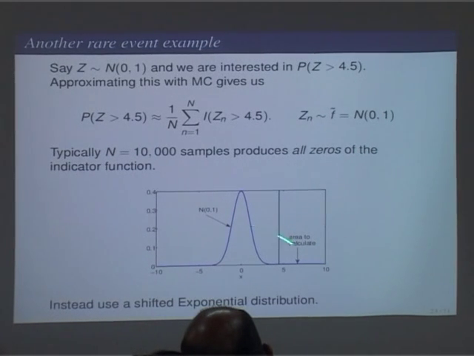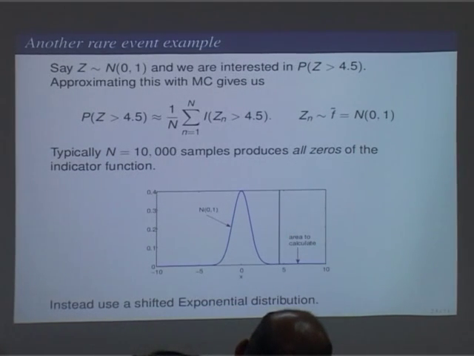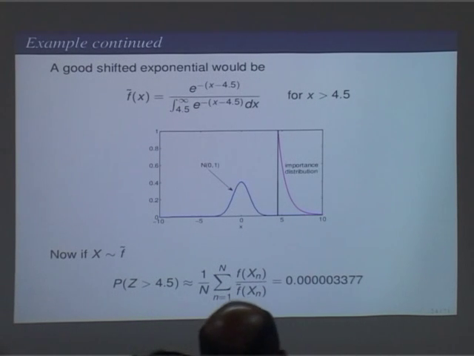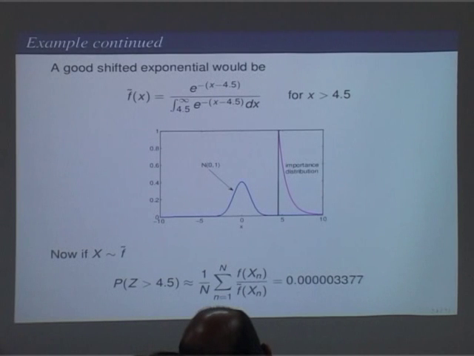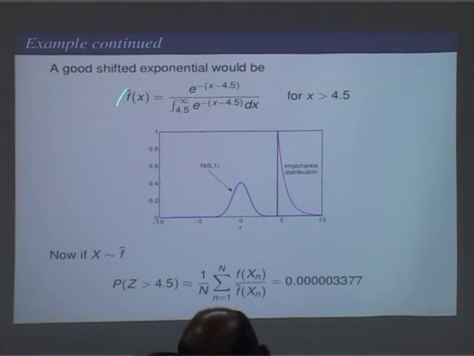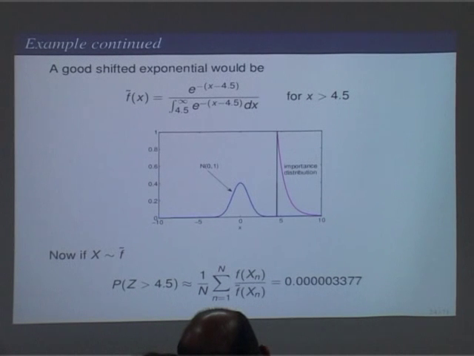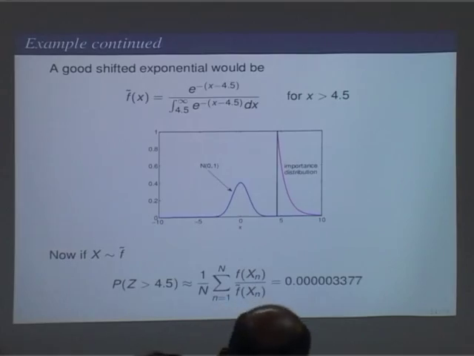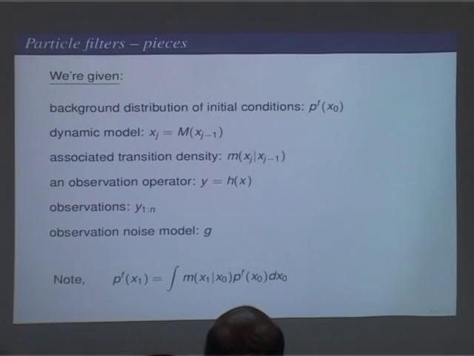I want something that puts a whole bunch of mass up against that indicator line. So for an importance distribution, you could pick something like an exponential that's shifted over, and then calculate this probability with no problem. Right, this is just sort of the tricks of the two methods for importance sampling.